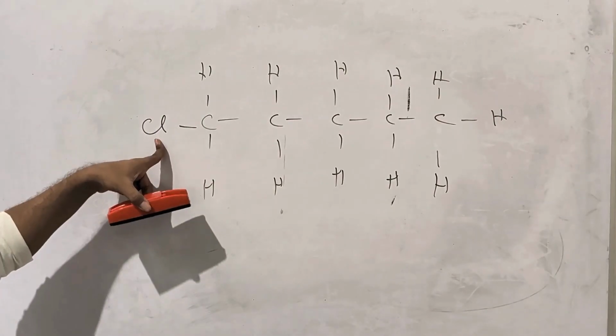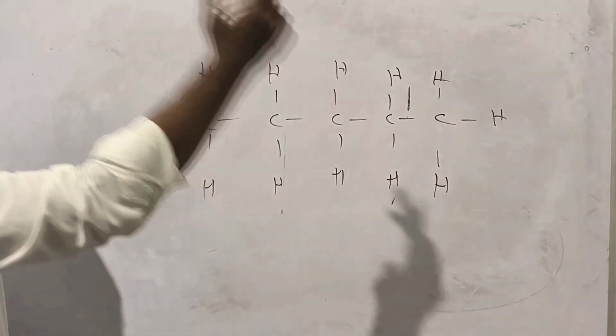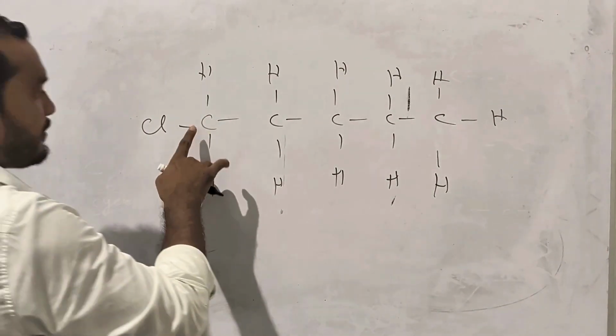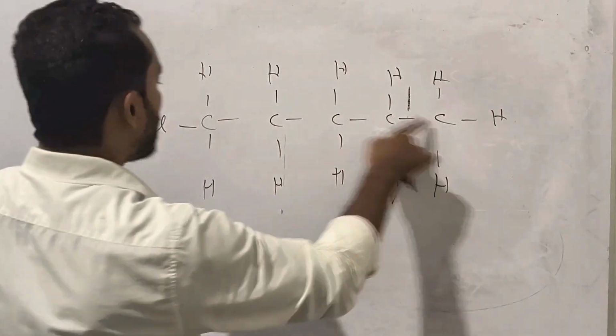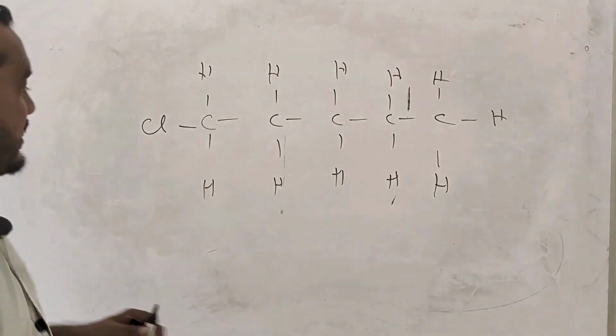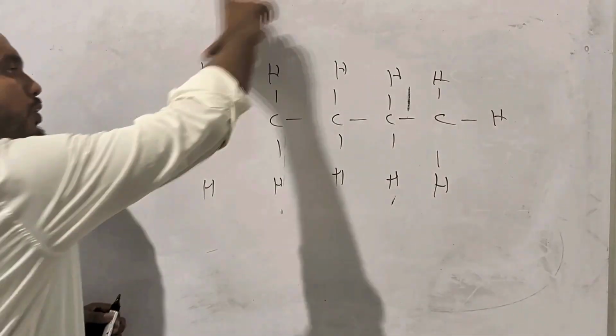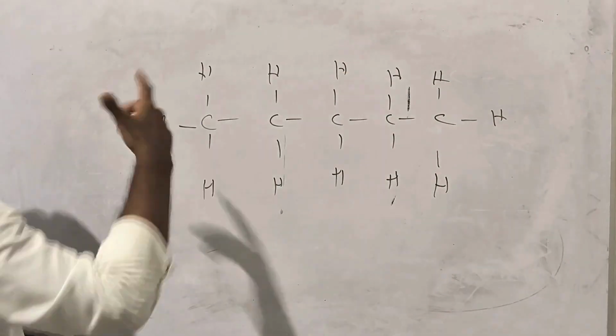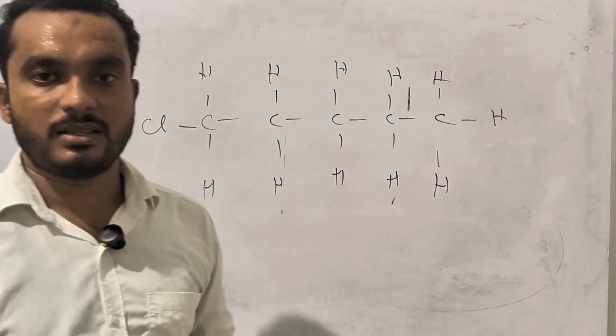If I place chlorine here, the name will be chloropentane, because 5 carbons are there, 1 2 3 4 5. So the name will be chloropentane. Just by placing this functional group, the whole chemical properties of this compound change.